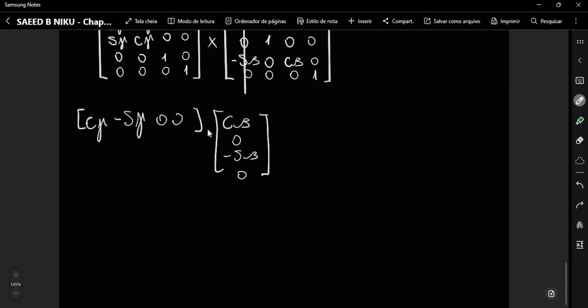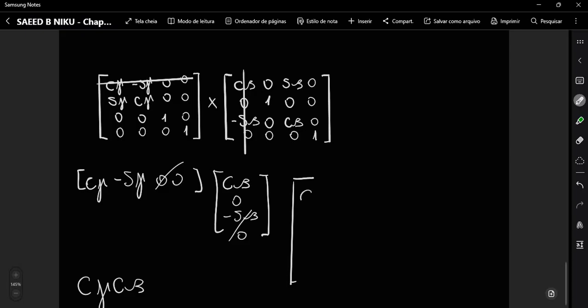So cosine of gamma times cosine of beta plus sine of gamma times 0 plus, and 0 will cancel these terms. So right here we got just cosine of gamma times cosine of beta.